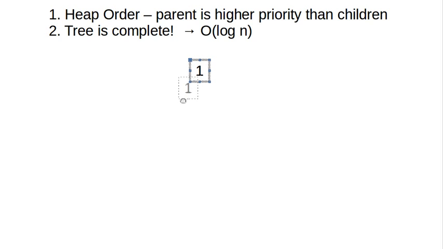So we have a 1 at the root, and then let's put a 5 as one child, and a 2 is another.